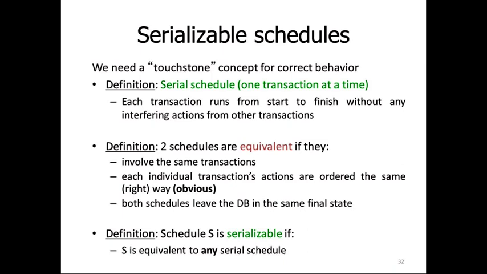Remember, for instance, that with two transactions, we just have two ways of ordering them in a serial schedule, T1 then T2, or vice versa, T2 then T1. And in such a situation, a serializable schedule will be one that leads to the same result as the serial schedule T1 then T2, or the same result as the serial schedule T2 then T1.